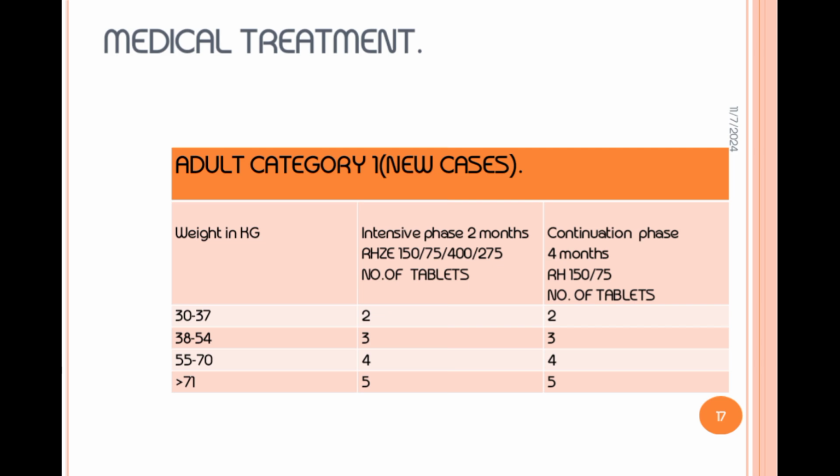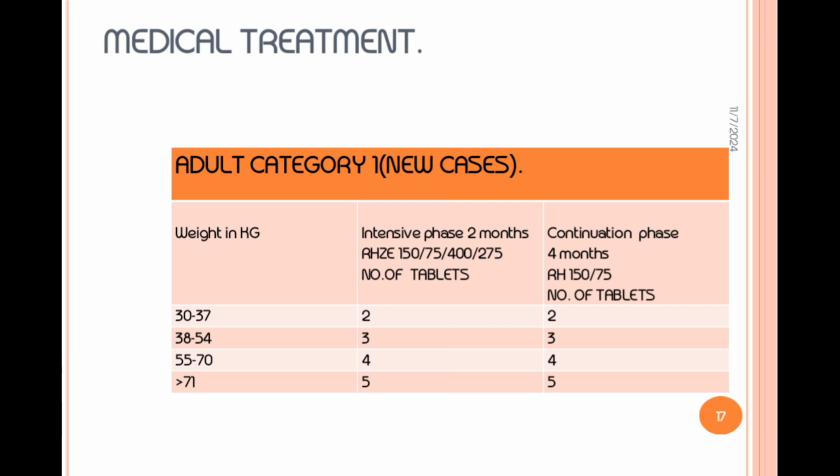Category 1 is for the new cases, the patients who have just been newly diagnosed with tuberculosis. This category 1 has a duration of 6 months.